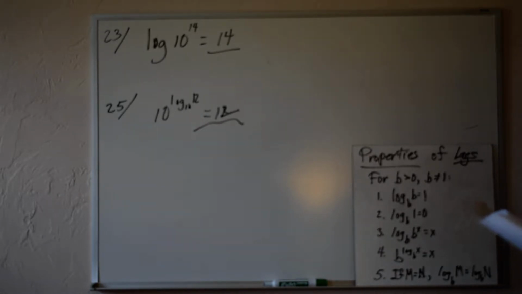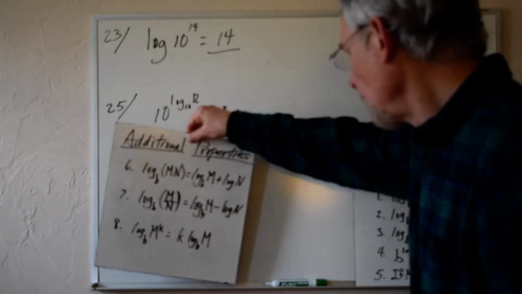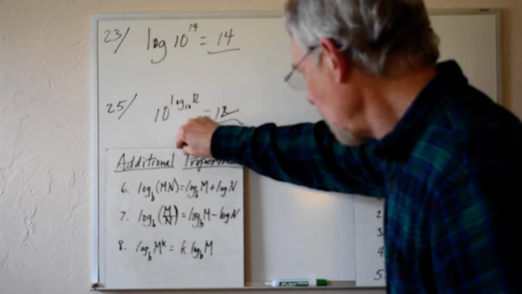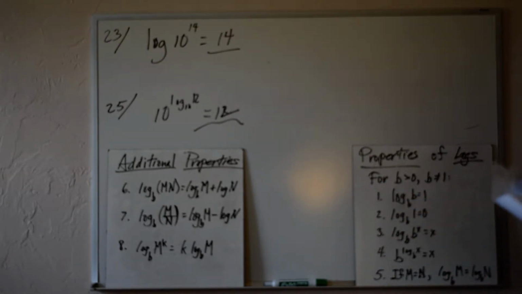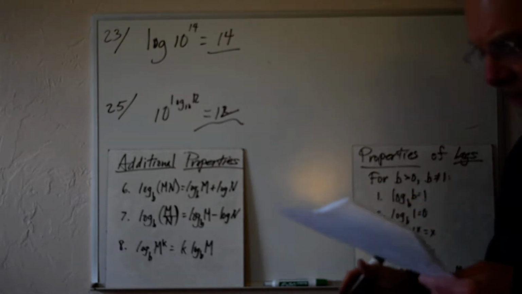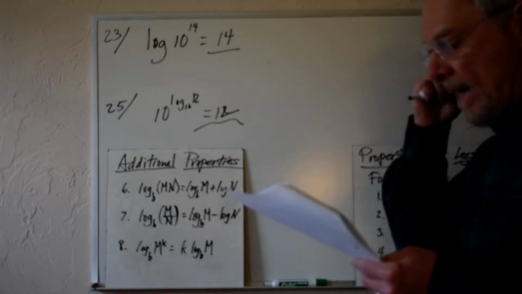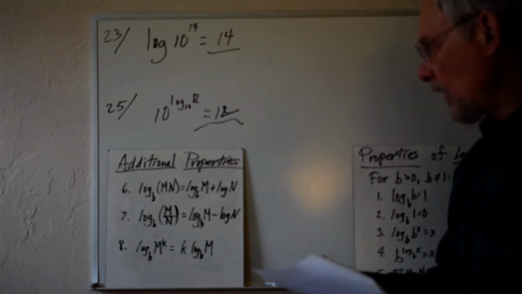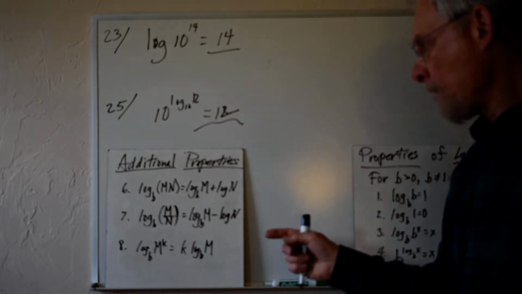Let's look at some additional properties. Properties 6, 7, and 8 on page 336. Again, for positive constants b, where b is not equal to 1, k is a real number, m and n are positive numbers, these 3 important statements are true.